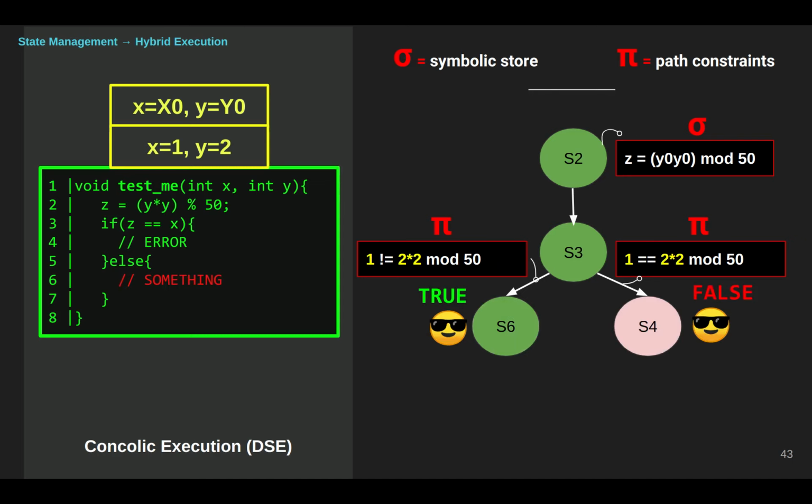However, if it does it concretely, then it figures out that the check is false, so 1 is not equal to 2 times 2 mod 50. So this is what it executed concretely. It reached something. But in reality, you want to reach the error. So you flip the constraint.